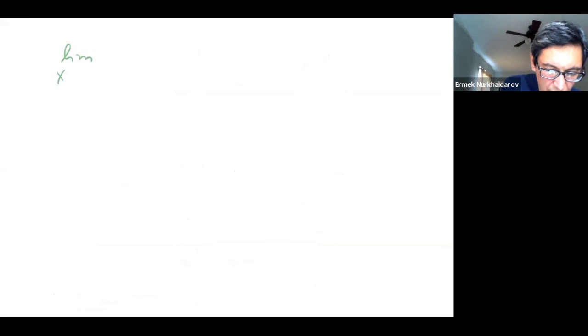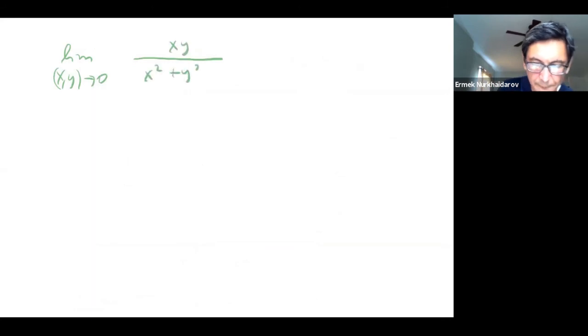Now a new example: limit as x, y approaching 0, 0 of xy over x squared plus y squared. So substituting the limit value, we get 0 over 0. So let's have a look.